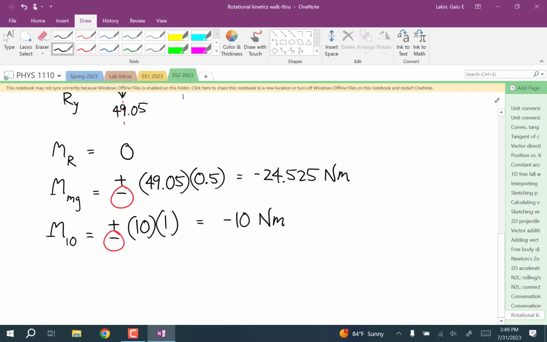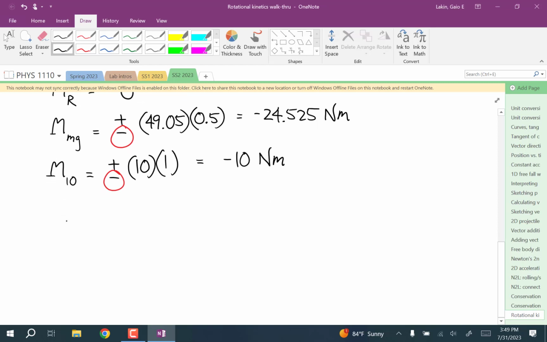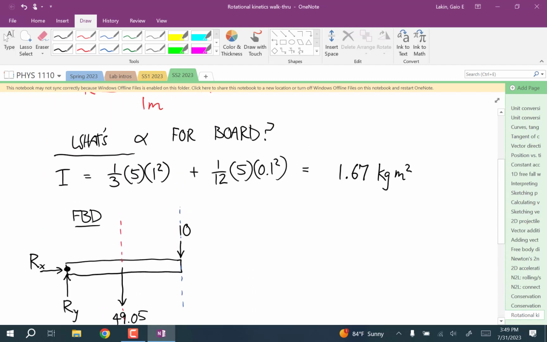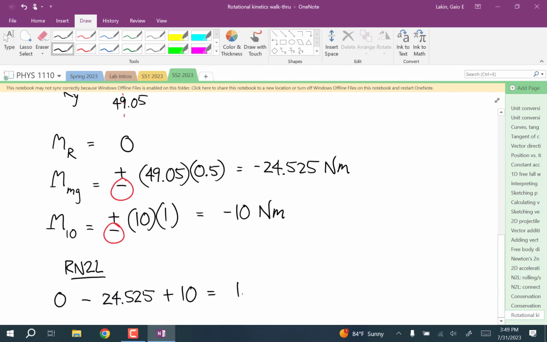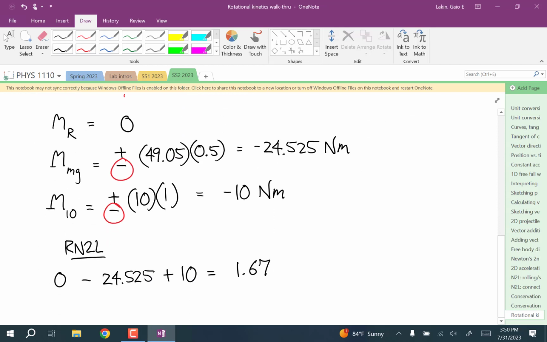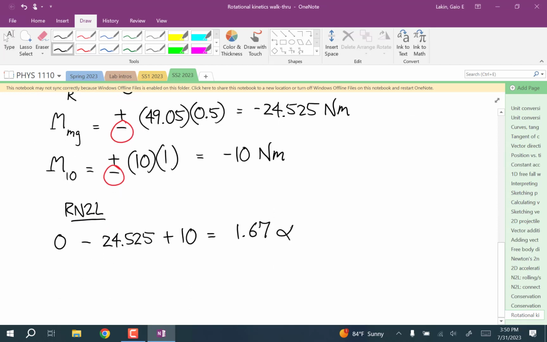And now that we have the moments produced by all of these forces, we can go to the rotational version of Newton's second law. So add up all these moments. So we have 0, minus 24.525, plus 10 is equal to the mass moment of inertia times the angular acceleration.